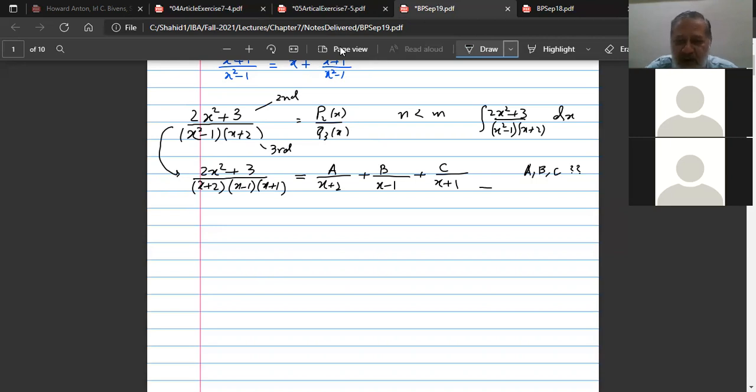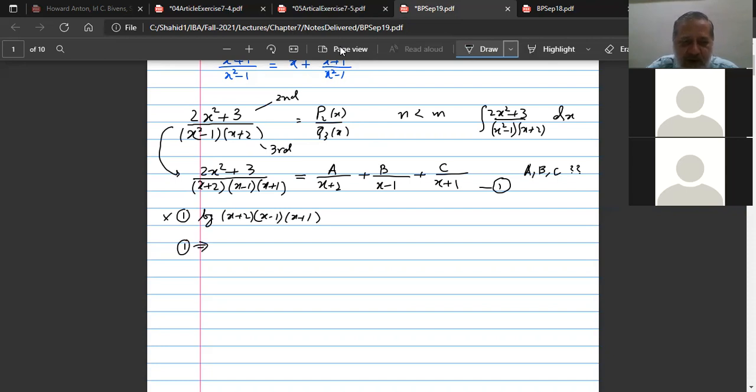In order to determine this, we deal this in such a way that we multiply it by the denominator, x plus 2, x minus 1, x plus 1. When we multiply this equation by these three factors, the left-hand side will be what?